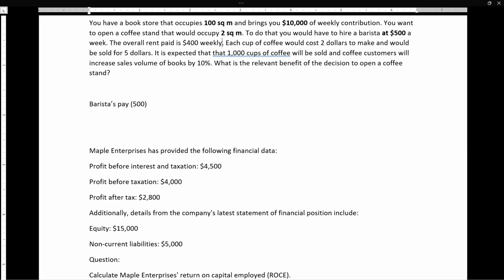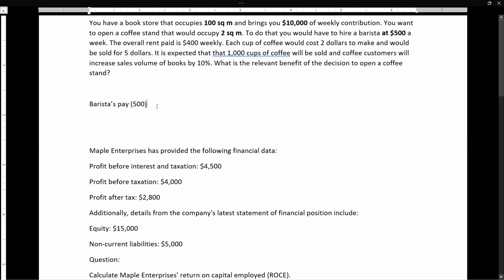We would allocate 2 shares to the coffee stand and 98 to the bookstore because they occupy the square meters in this proportion. But when we're talking about relevant costs, we do not take that into account because rent is going to be paid no matter what.